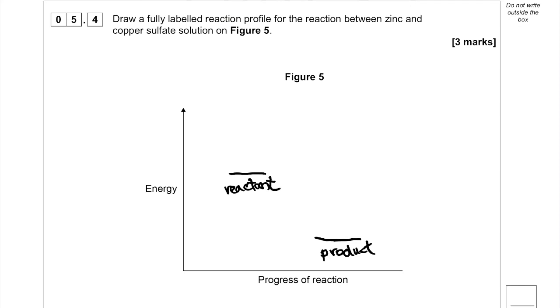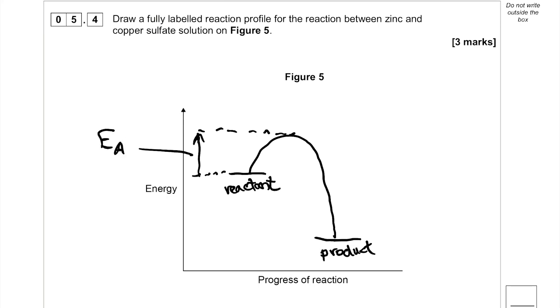And now all reaction profiles have an activation energy. So you need to label this as EA, which is the activation energy, and this difference in reactant and product height is the delta H, or the heat of the reaction.